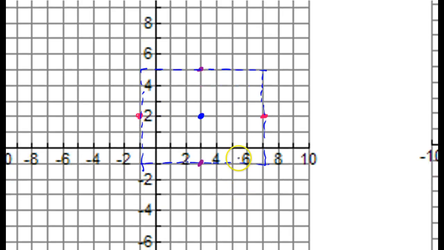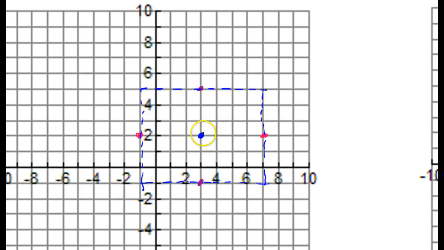Alright, so the diagonals of this rectangle will contain the asymptotes. So the asymptotes pass right through the diagonal. So I'm going to have one asymptote that goes like this. And I will have another asymptote that goes like this.